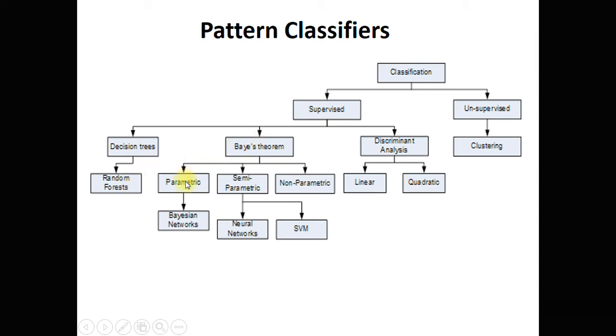Bayes uses parametric, semi-parametric and non-parametric approaches. In parametric, you have specifically the Bayes networks. In semi-parametric, we have neural networks and support vector machines. And in discriminant analysis, we have linear discriminant analysis and quadratic discriminant analysis. Whereas if you look at unsupervised, it is simply clustering which does the classification.